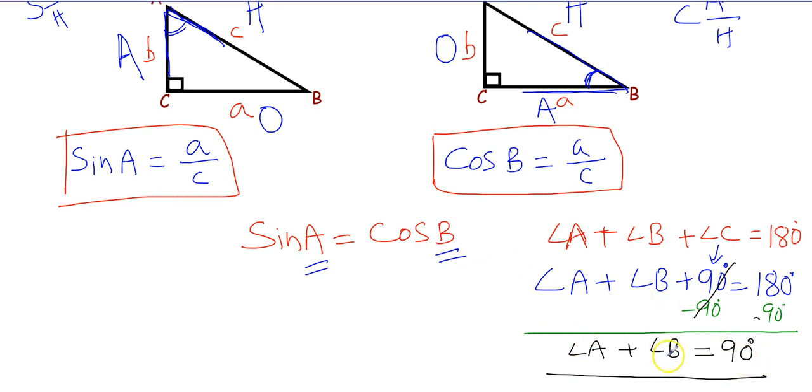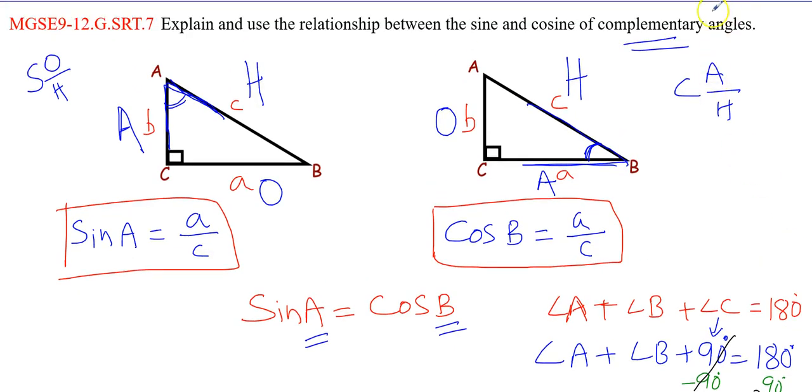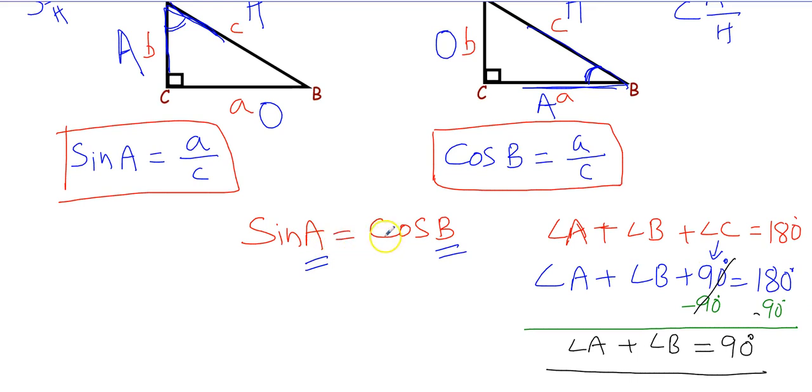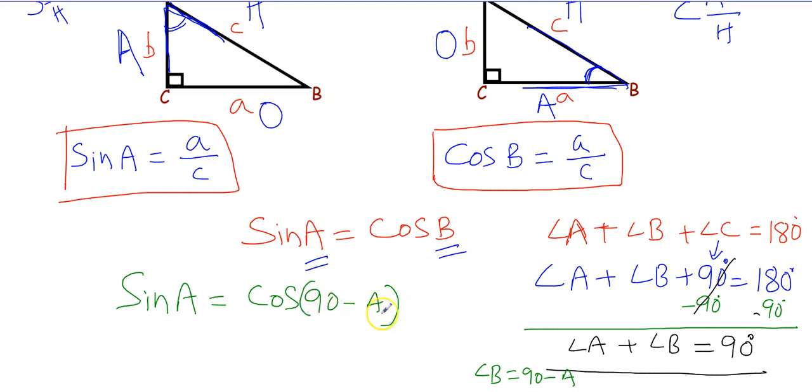That is, A and B are what? They are the complementary angles. Because A and B are the complementary angles, the sine of angle A is equal to cosine of angle B. From this you can also write the measure of angle B will be equal to 90 minus A. That is, if you remove A from 90, we get B. That is, sine A is the same as cosine of 90 minus A. You can represent it this way also.